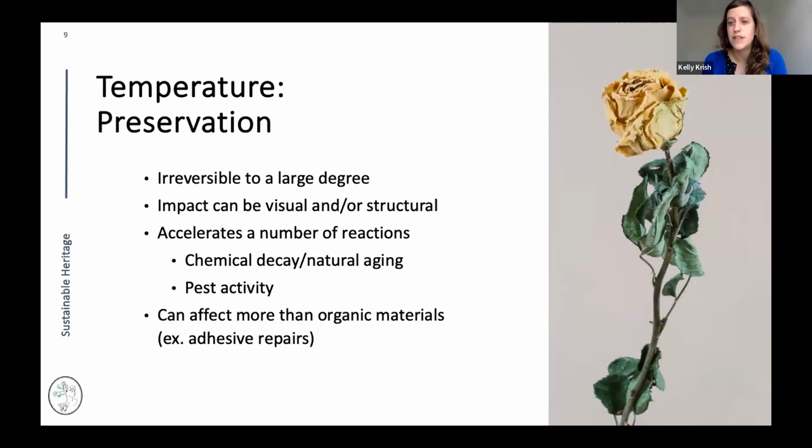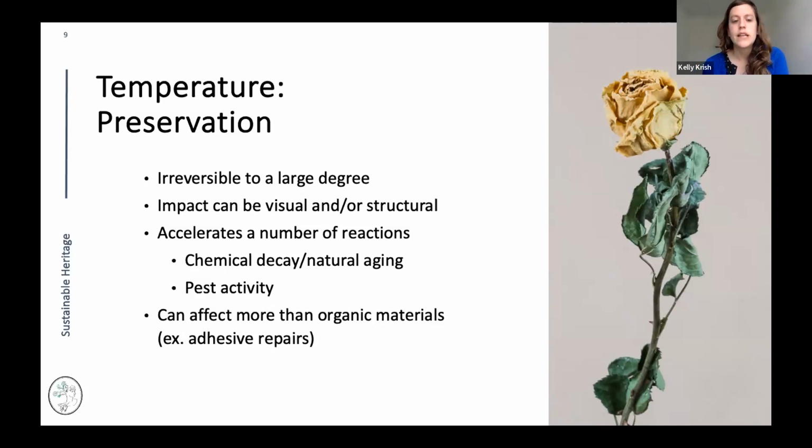And often the types of damage that it causes are really difficult to address through treatment even. So if you think of any newsprint that's been stored in an attic or a particularly warm or uncontrolled space, you can see the visual impact where it might be yellowed, but also the structural if it's become embrittled. And both of those are kind of signs of the role of temperature in decaying objects.